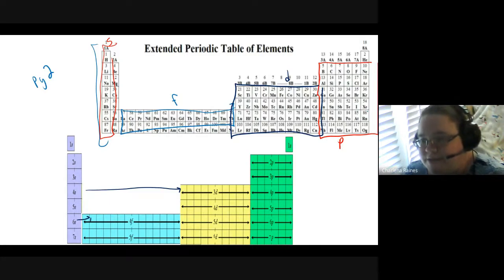It might be easier if I look at the extended one so I don't forget my F's. So I can see that for my abbreviation for Rn, I have to start by writing Xe. I can skip the first 54 electrons.